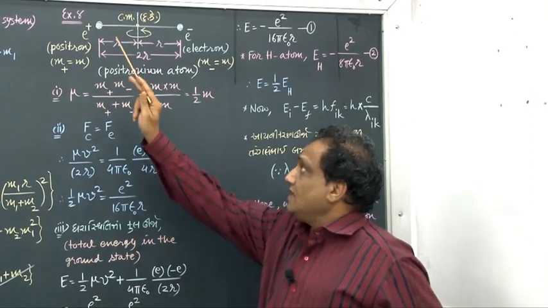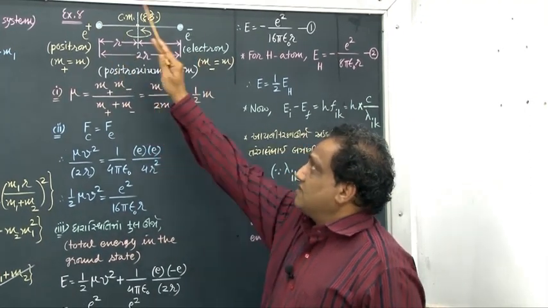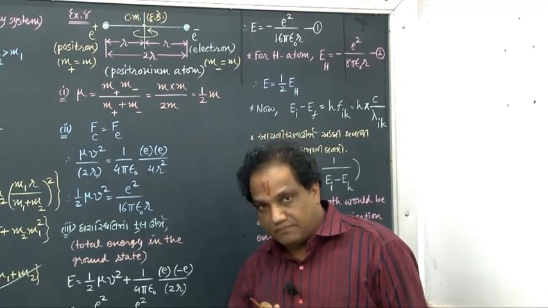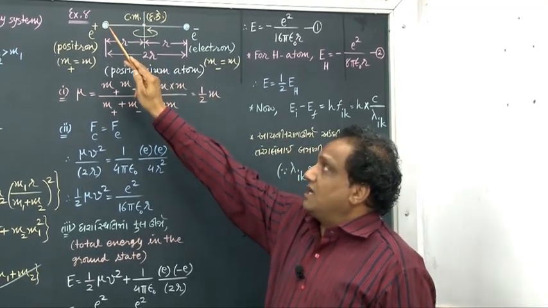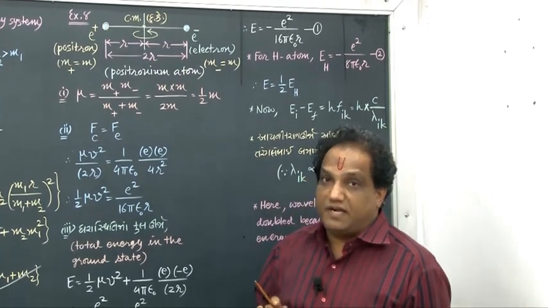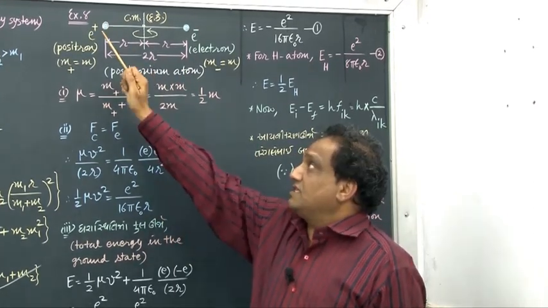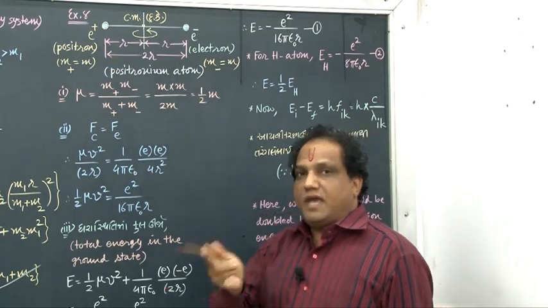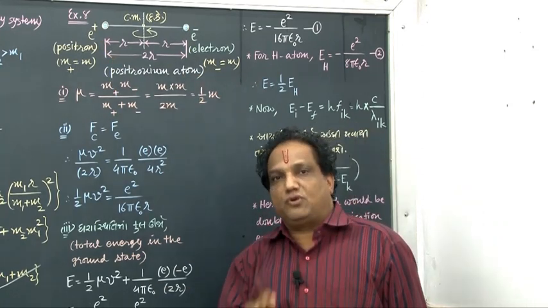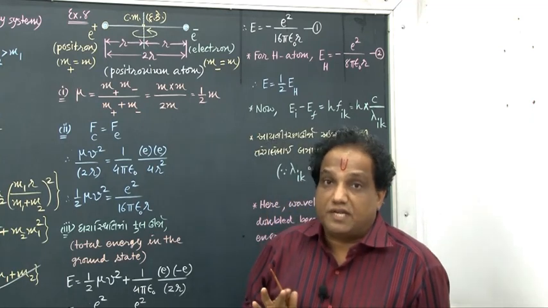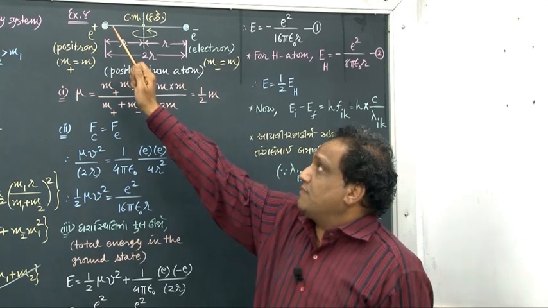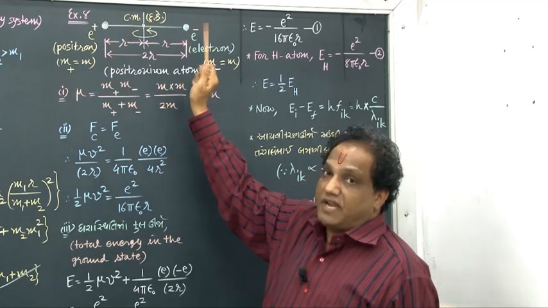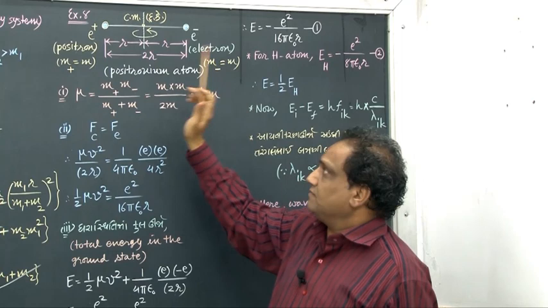Fine. What is given to us? One positronium atom. In that there are two particles having identical masses, but one is having positive charge, another negative charge, and each charge has magnitude 1.6 into 10 raised to minus 19 Coulomb. One particle having positive charge is called positron, another having negative charge is called electron.